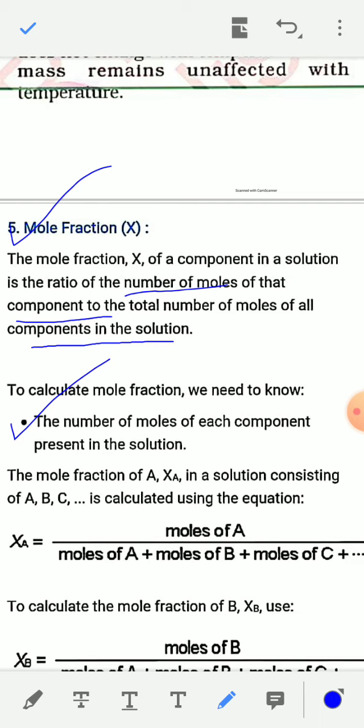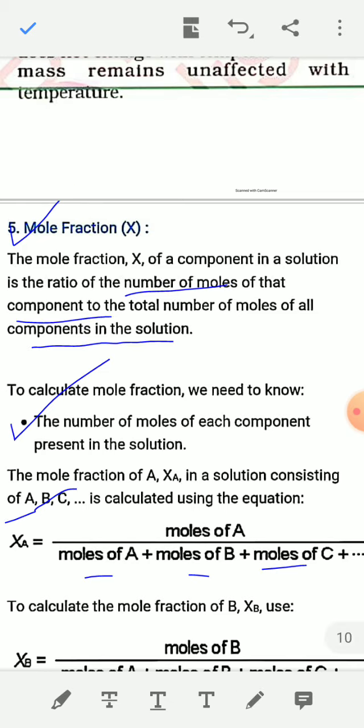The mole fraction of A, Xa, is equal to moles of A divided by moles of A plus moles of B plus moles of C, that is, the number of moles of A divided by the total number of moles of the different components present in the solution.